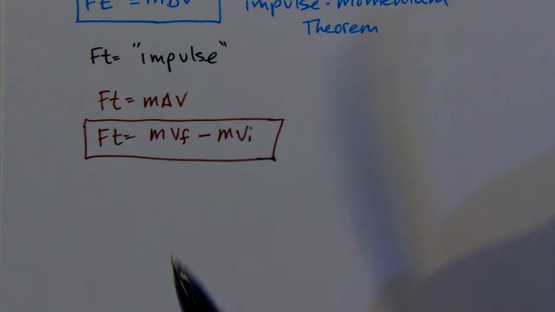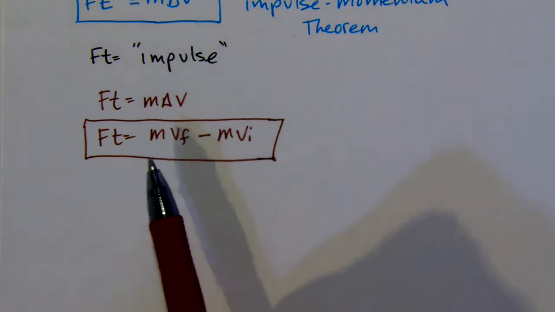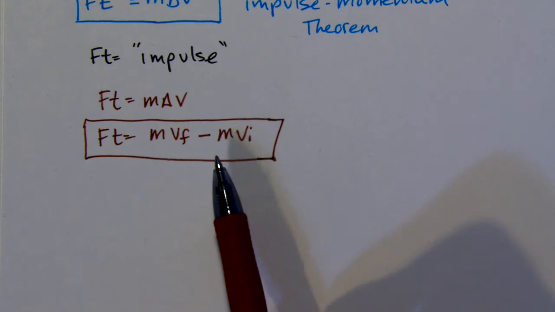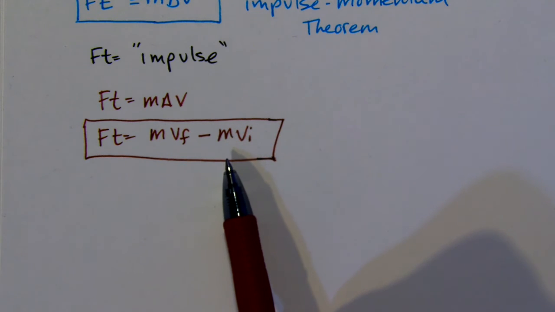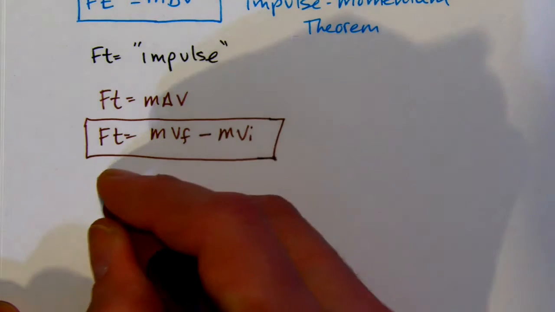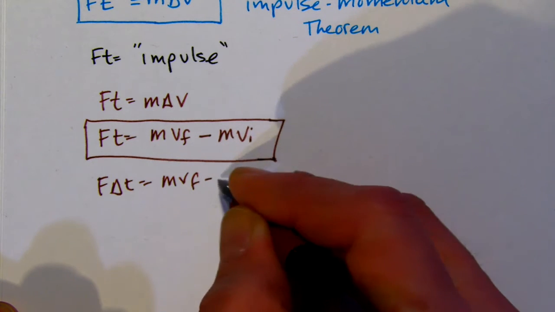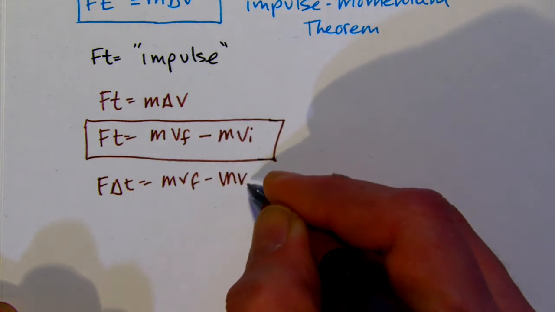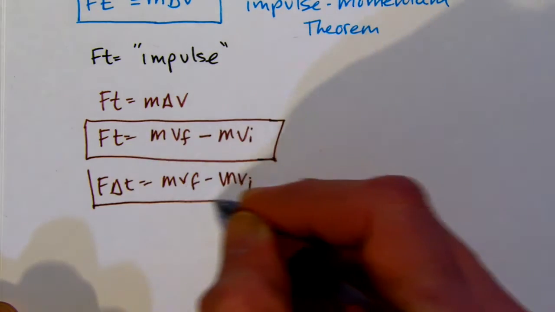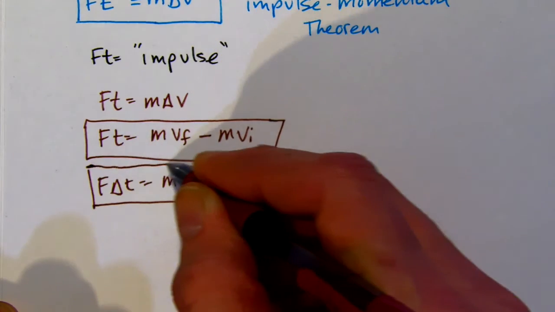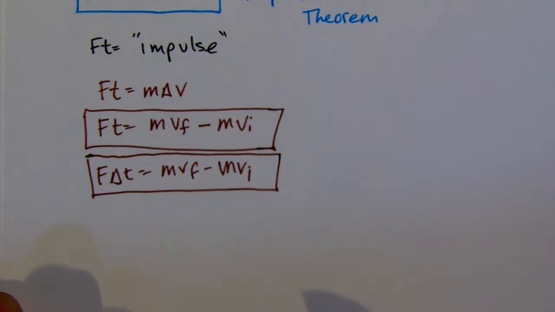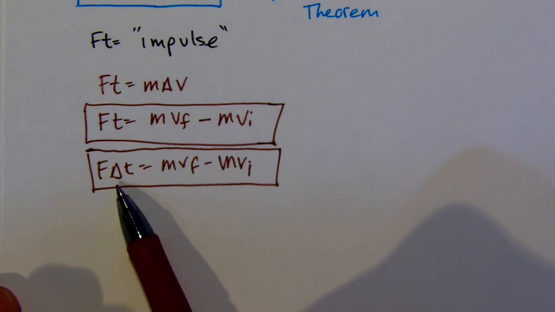So the impulse equation here can also look like this. Get comfortable rearranging this equation, and technically we should put the change in time. The reason we do that is because t without the delta simply means a point in time, but here we want to indicate that it's a change in the time.